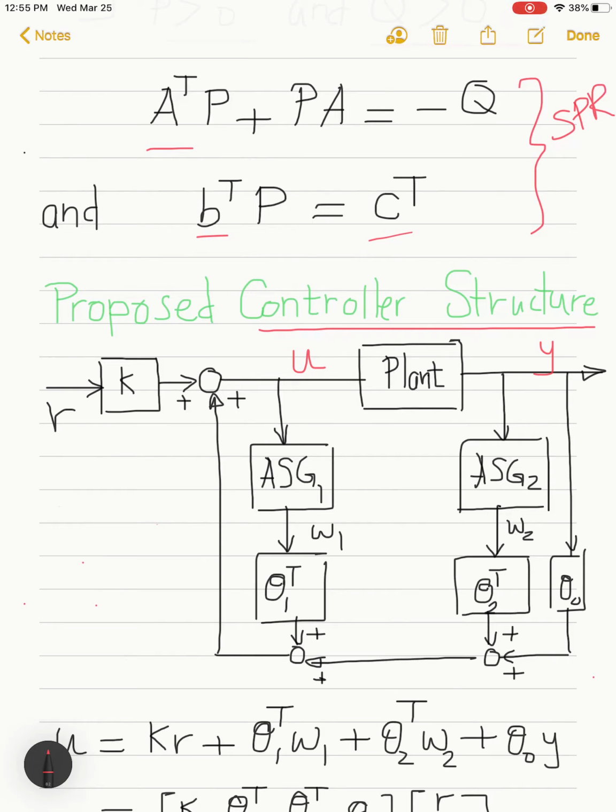Now, in order to go for the design, we need to generate auxiliary states. This is similar to designing an observer. So we have here two blocks. They are auxiliary signal generators.